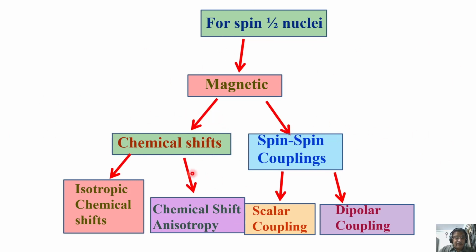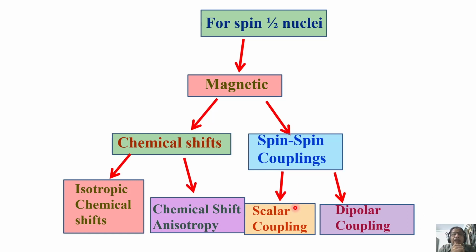Again, I showed you in the previous slide, we have isotropic and anisotropic parts of chemical shifts, spin-spin coupling, scalar coupling, and dipolar coupling. Okay. So again, we have isotropic and anisotropic parts. All those things we can discuss.